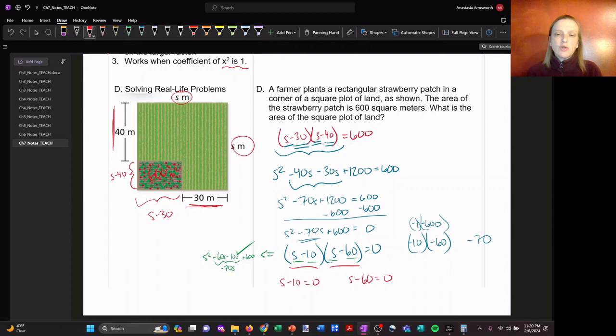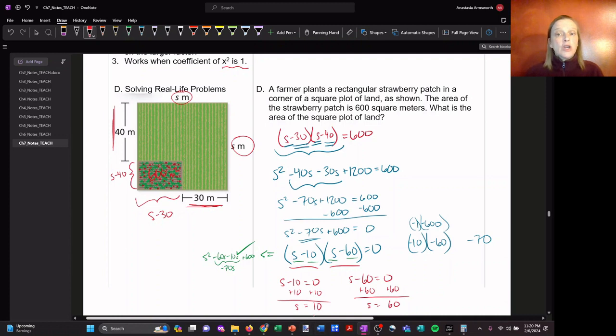Either one of those would make this a true statement. So either s can be, if I add 10 to both sides of the equation, s equals 10, or if I add 60 to both sides of this equation, s equals 60. So either the side length of the square is 10 meters or 60 meters.